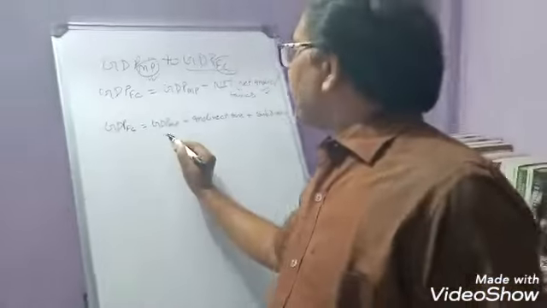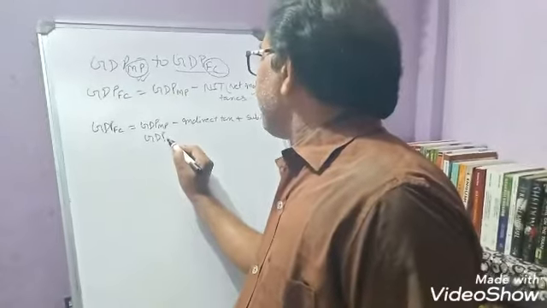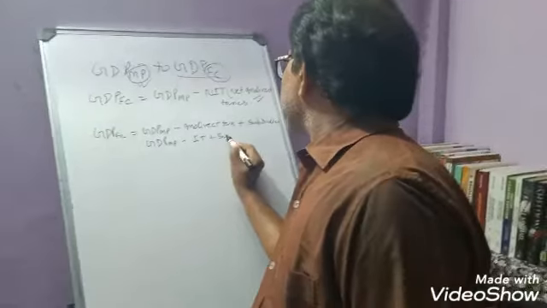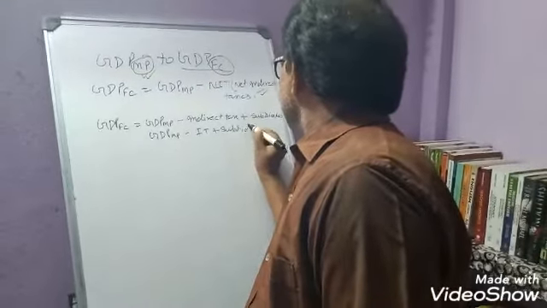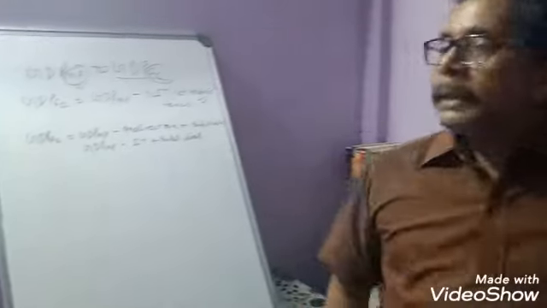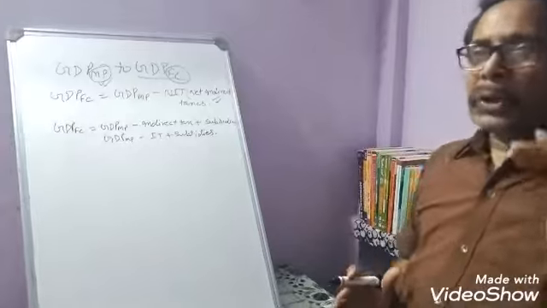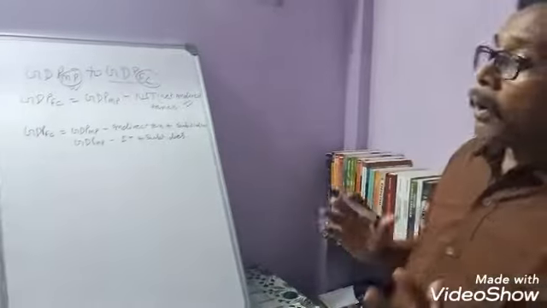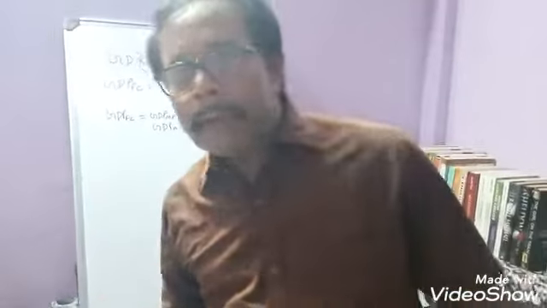So here we can say GDP MP minus IT plus subsidies. Subsidies are provided by the government either to reduce the cost of production, or sometimes a number of domestic firms face lots of competition from foreign companies.